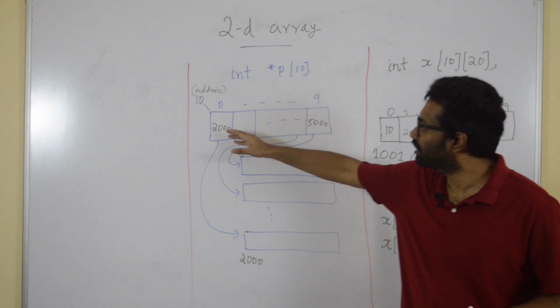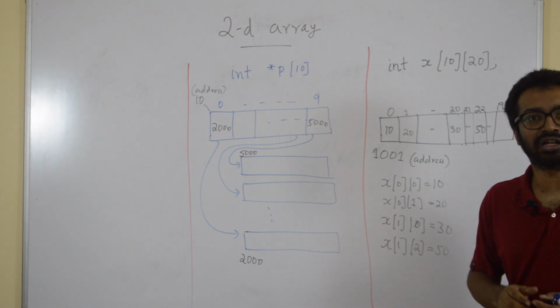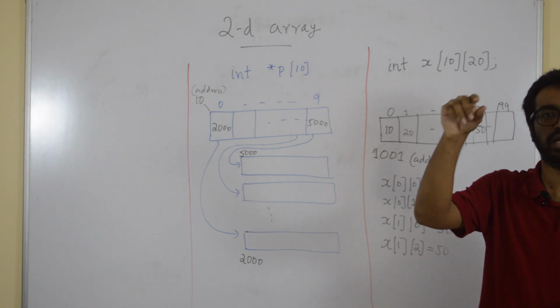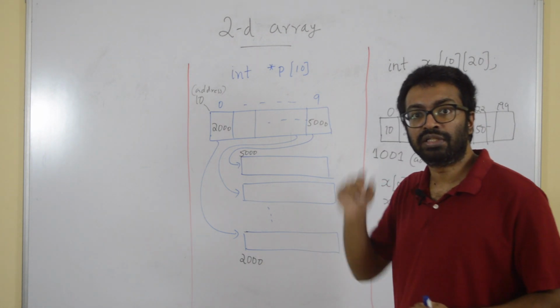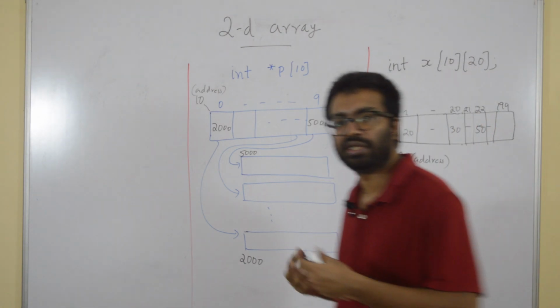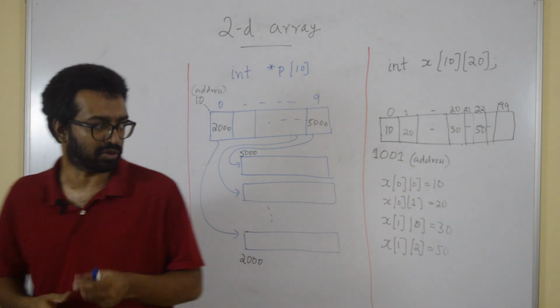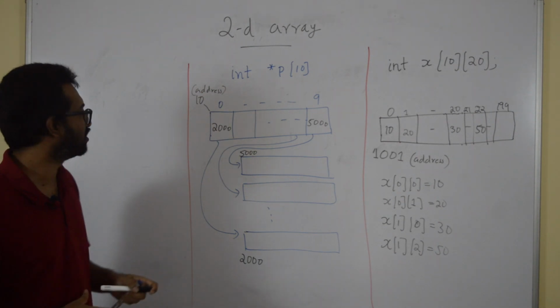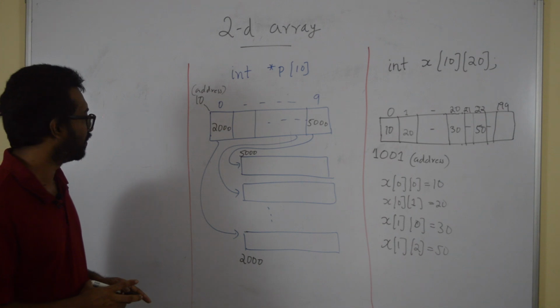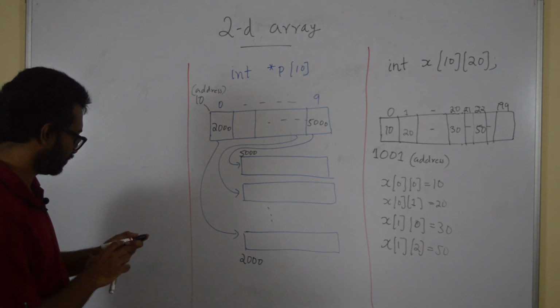Each of these 10 locations is now pointing to an array. All these arrays have to be allocated dynamically using malloc. That is, we should have written the following code for each of these locations. Let me write that.